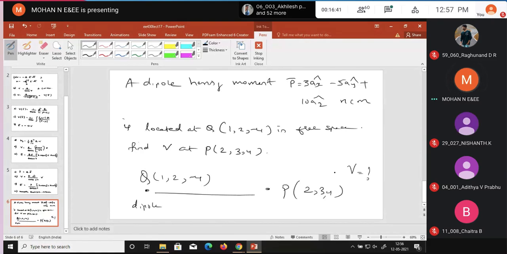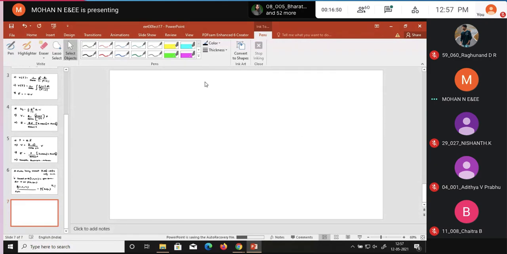Okay, so we should solve now. Let me get the formula for potential in terms of dipole moment.